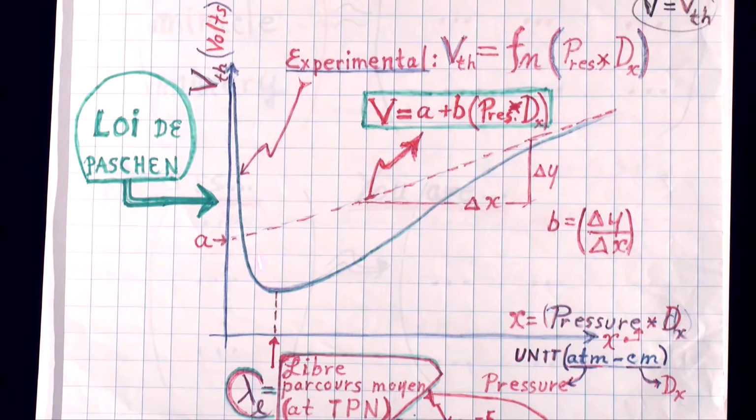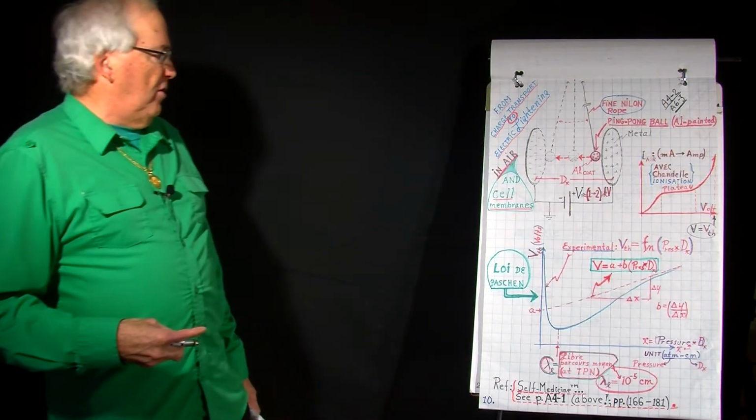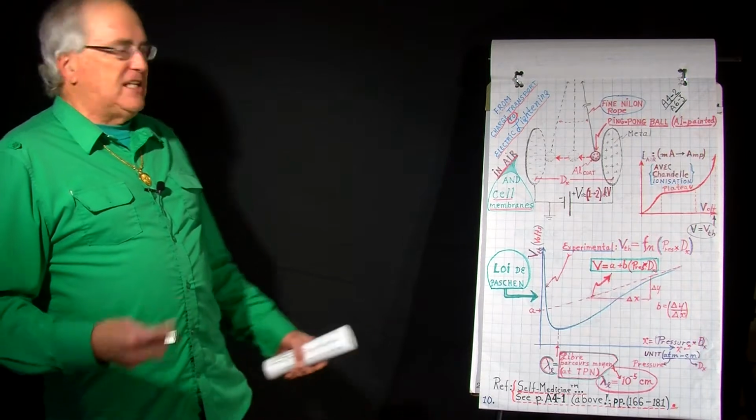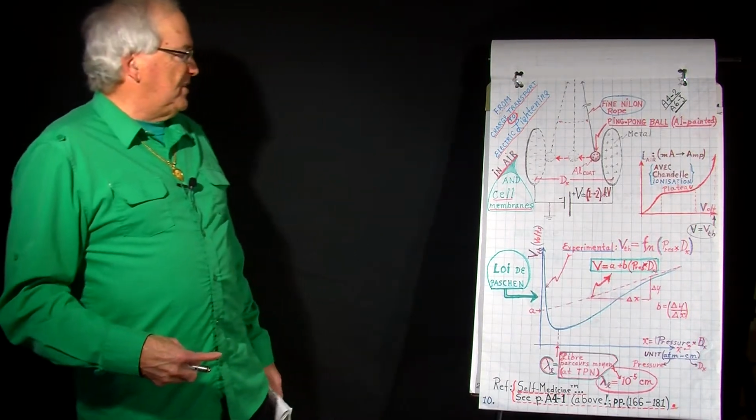For a certain pressure, you have a minimum voltage threshold to get the disruptive impulse across the cell membrane or electric lightning in the atmosphere.